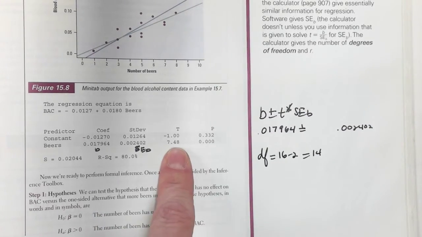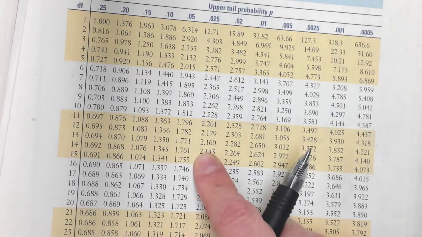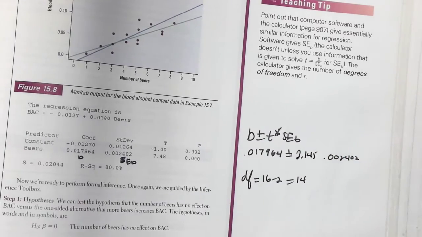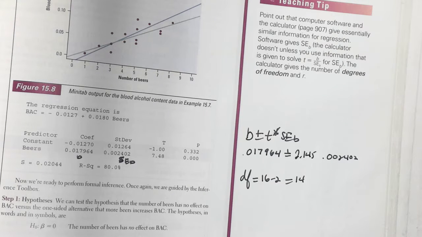This is not your t-star. Guys, we got to go into the back table. We're going to have 95% on the bottom, and I'm going to come up to 14 degrees of freedom, 2.145. That's how we would get the information that we would need to fill in from a table for a confidence interval.